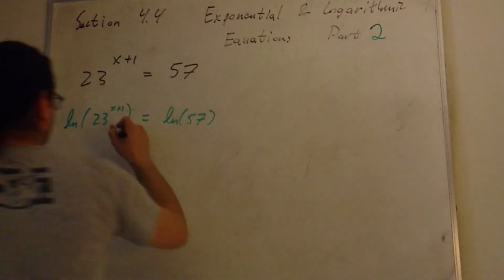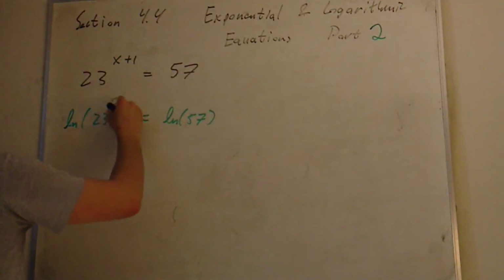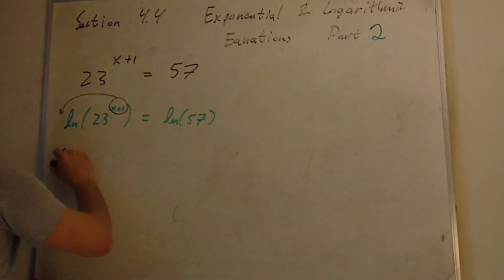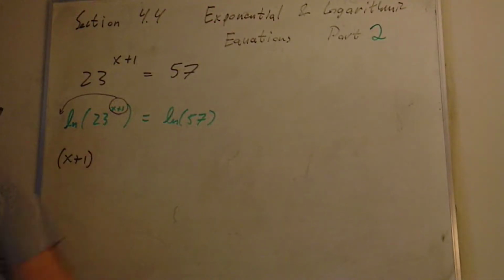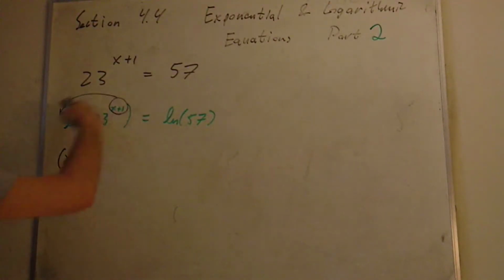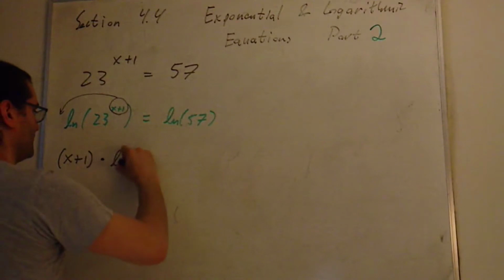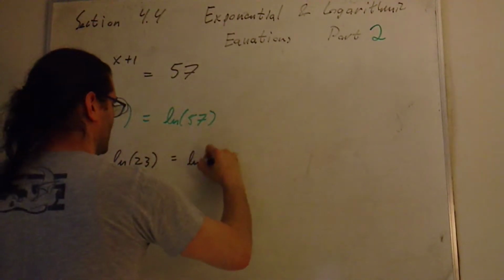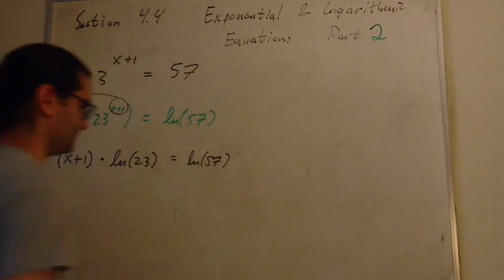That's what we're going to do with this exponent. So x plus 1 goes in front. Once we pull that out, we have x plus 1 times the natural log of 23, and it equals the natural log of 57.